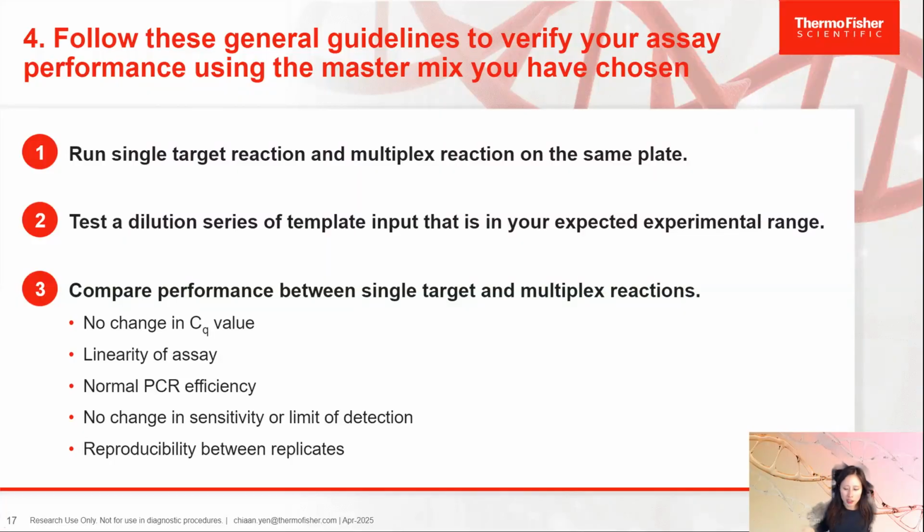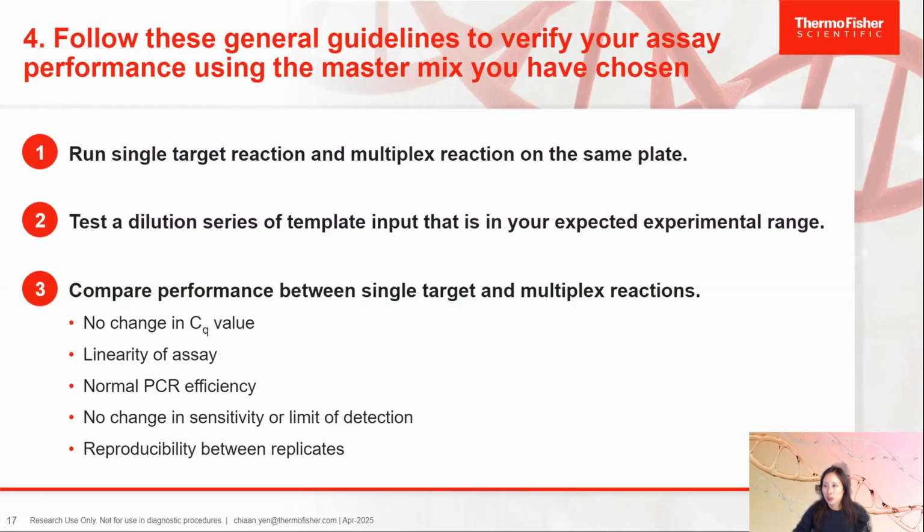Depending on the sample type, for example cell-free DNA, it would typically be lower in concentration, so you want to know the expected input. Sometimes it might be higher, and you might need to dilute it down. But it's good to have a dilution series of expected template input, and then verify that your assay is performing as expected in single target versus multi-target.